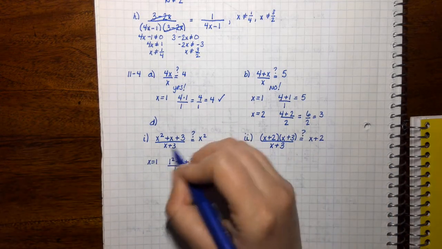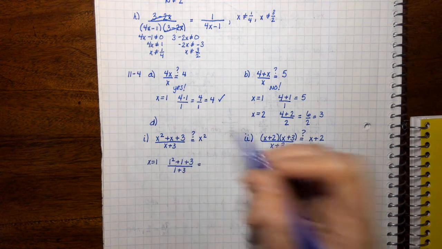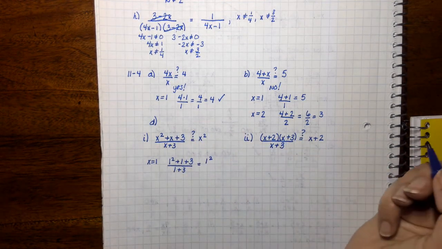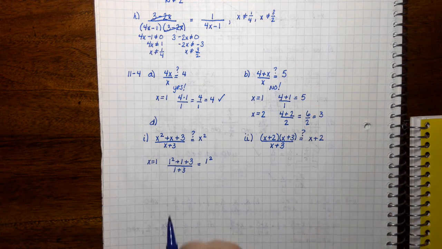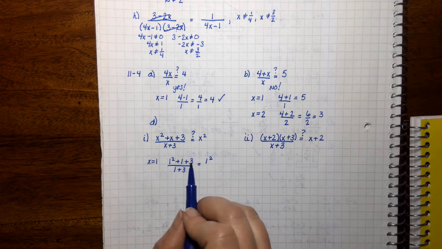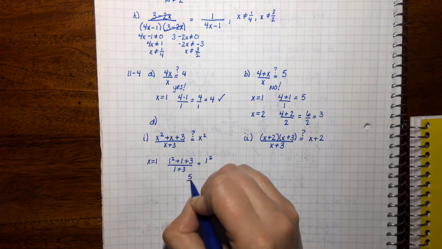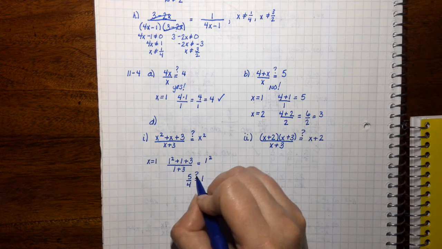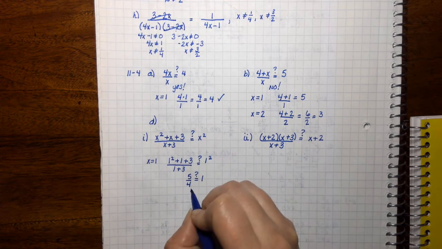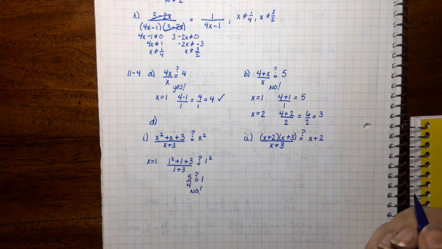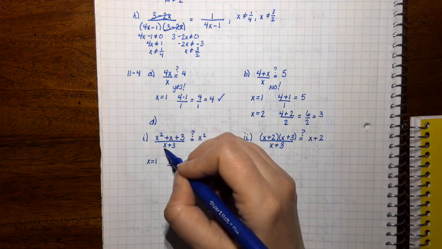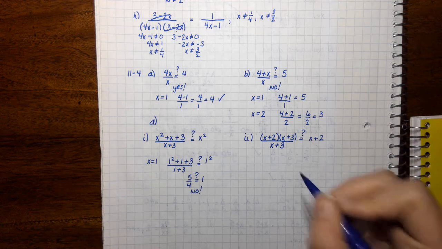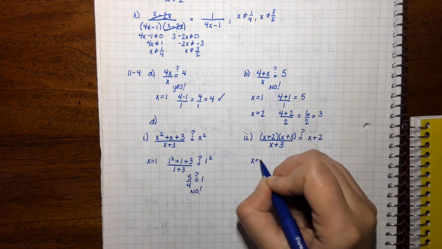If I could just cancel that and cancel that, then that would be equivalent to 1 squared. So the top would be 1 plus 1 plus 3, which is 5, over 1 plus 3 is 4. That is not equal, which means that you cannot cancel that. That is not cancelable.